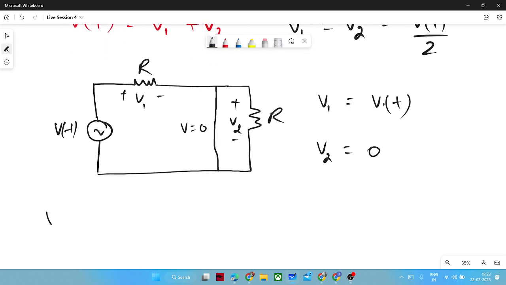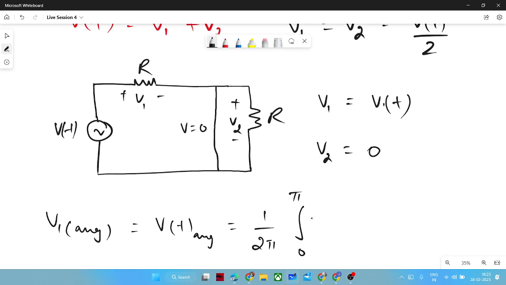So now we can compute the average value of V1, which would be the same as the average value of VT. For the 2 pi period, from 0 to pi, since it is equal to VT, you can take it safely from 0 to 2 pi. The supply was pi sine 100 pi t, d omega t.